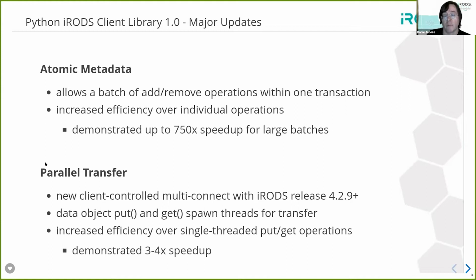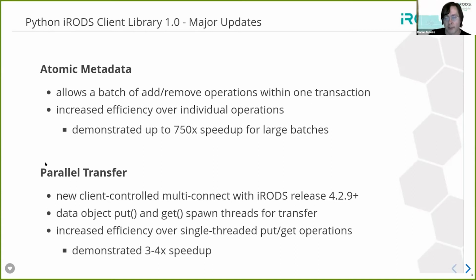We also have parallel transfer, which has been mentioned now, I believe, a couple times. It is a way to connect under client control from the client library, and it's been realized in the PRC. Make multiple connections to an iRODS server or servers to get your bytes to go, your file to go to the desired destination on the resource server, or to come back in the case of put and get respectively.